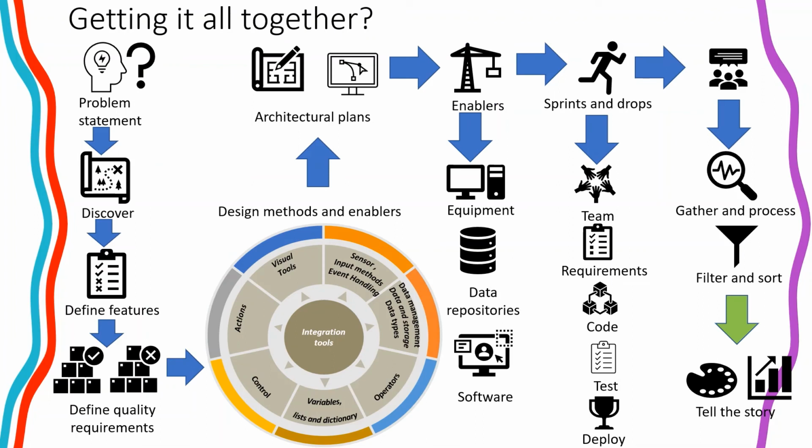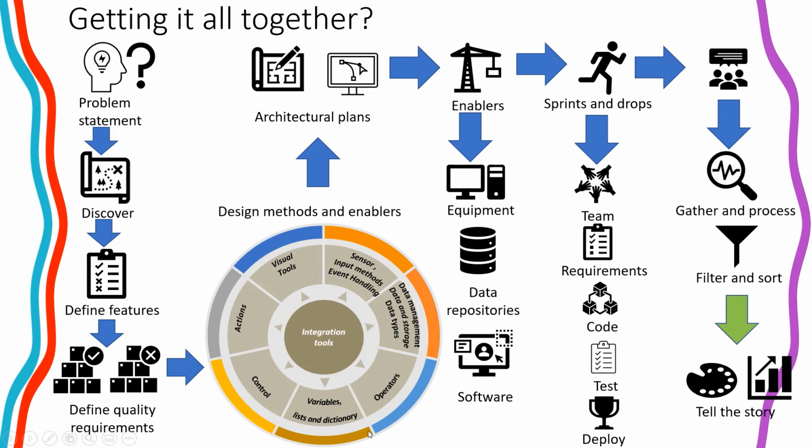So if I bring it together, first we start off with a problem statement. We need to do some discovery. We would need to define the features that we would need to solve the problem statement. We would define the quality statements requirements, meaning what is right and what is wrong.